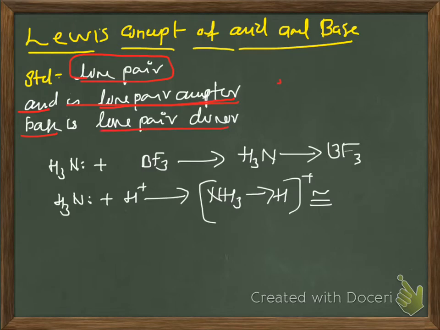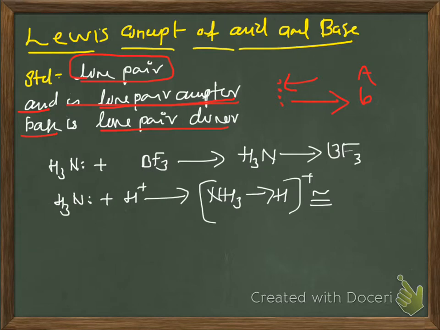Lone pair acceptors are acids and lone pair donors are bases. This is the simple definition introduced by Lewis in explaining the acidity and basicity of compounds.